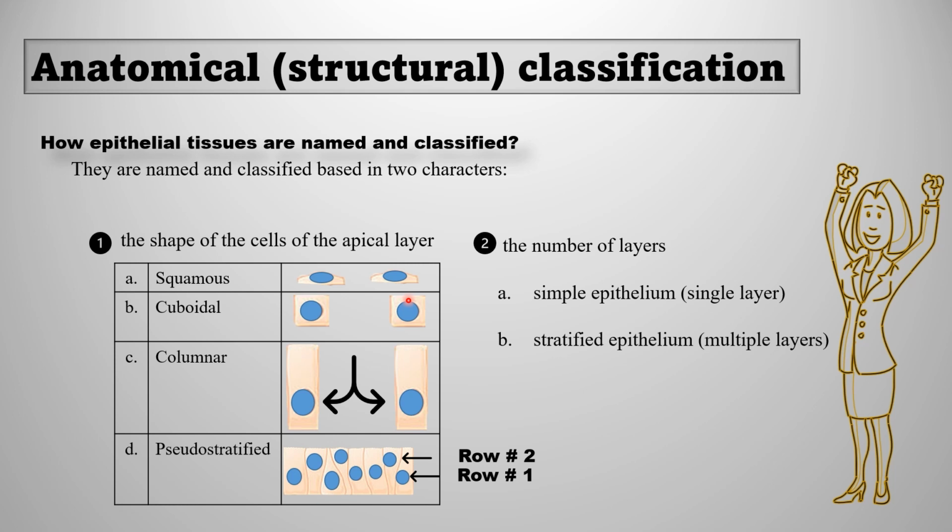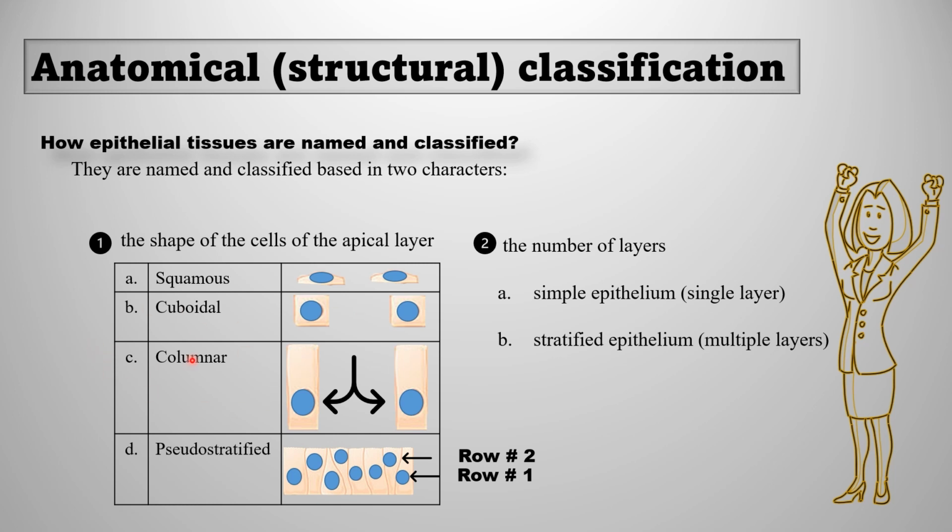And if they have this microvilli, that means they function as an absorptive cell. So they absorb materials from outside to the inside. If there is no microvilli on the top or the apical surface, that means they are important for secretion. So these cuboidal cells are important for either secretion or absorption.